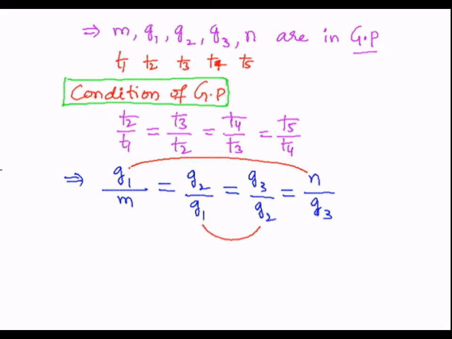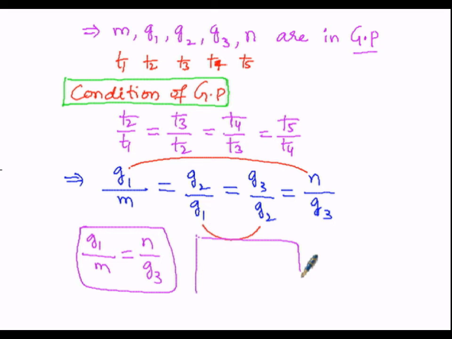So I can make two forms: G1 by M will be equal to N by G3, as the first condition which I have framed from these four equal ratios, and the next condition is about the means which are in between: G2 by G1 is equal to G3 divided by G2.